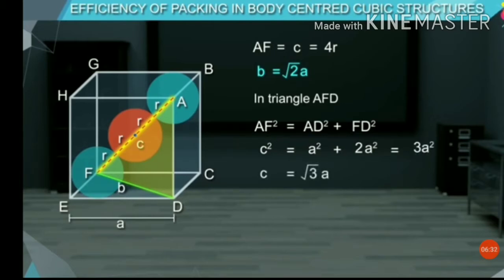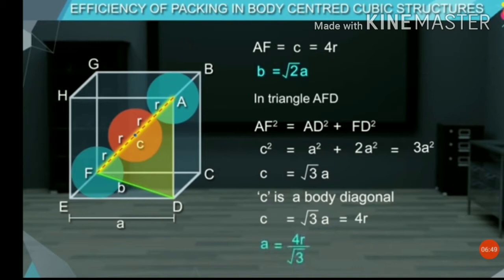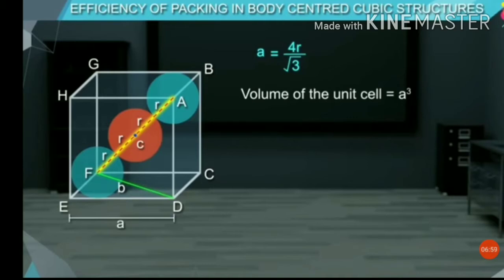Then we can write c is equal to square root of 3 a. c is a body diagonal. Then c is equal to square root of 3 a, which is equal to 4r. You can see in the figure. a is equal to 4r by square root of 3.